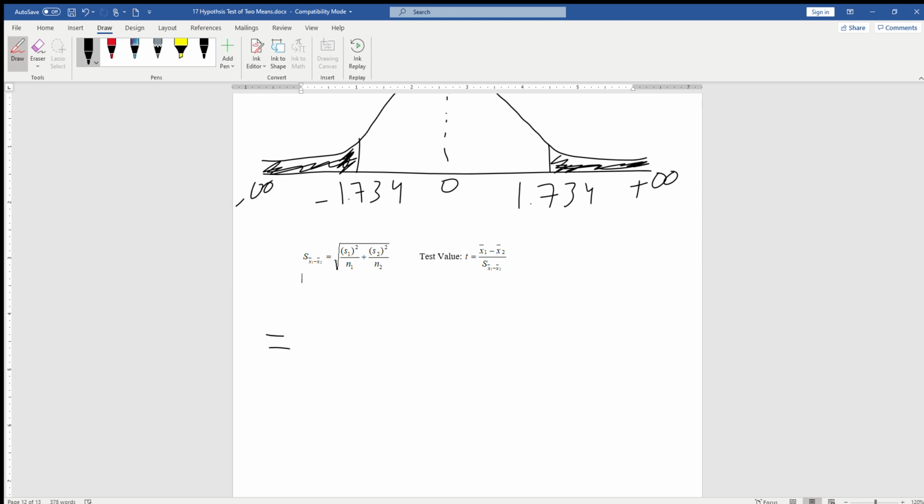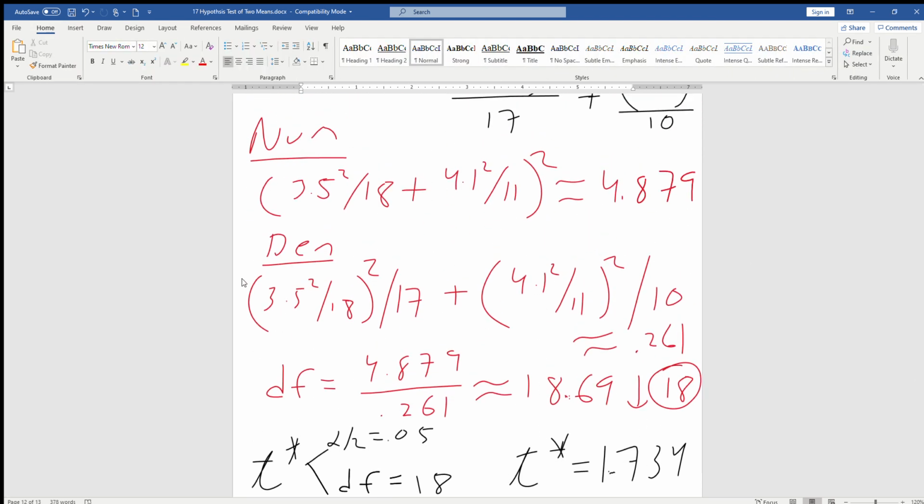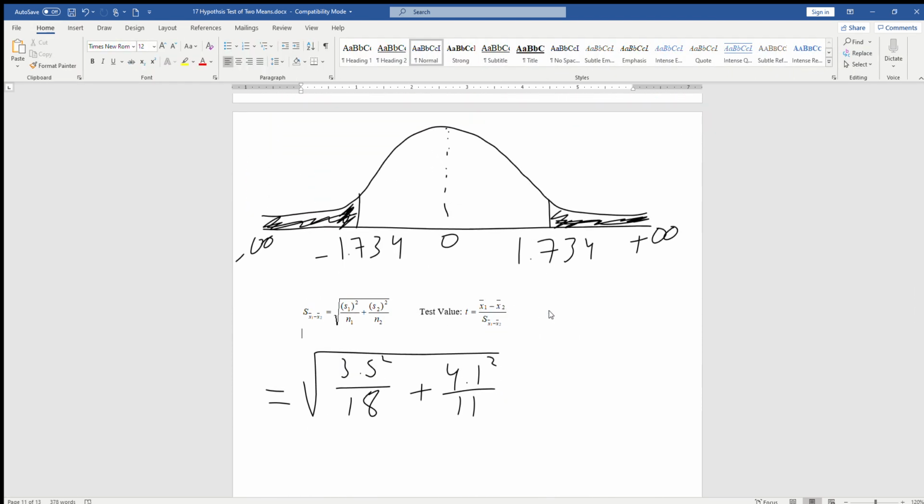That's going to be equal to the square root of s sub 1 squared, which was 3.5 squared, divided by n1, which was 18, plus s sub 2 squared, so that's 4.1 squared, divided by 11. Let me scroll up really quickly just to make sure I copied those correctly. 3.5, 18, 4.1, 11. Yep.